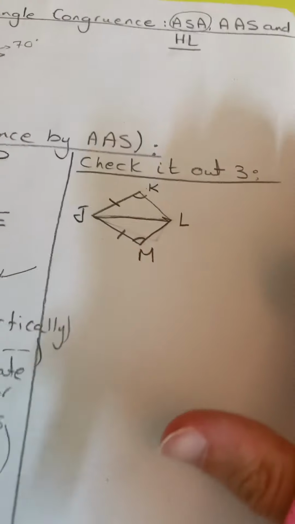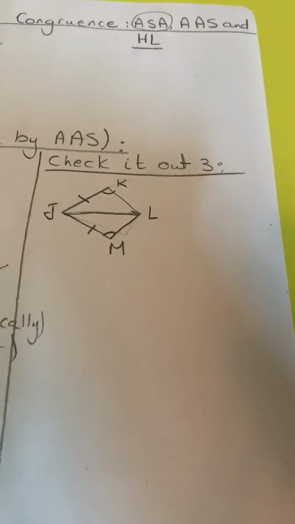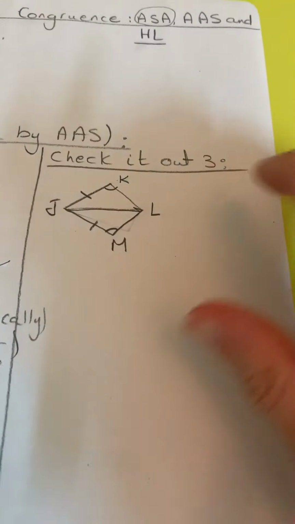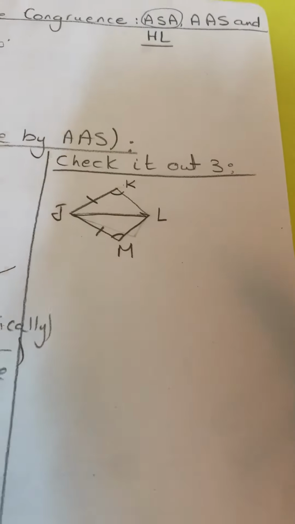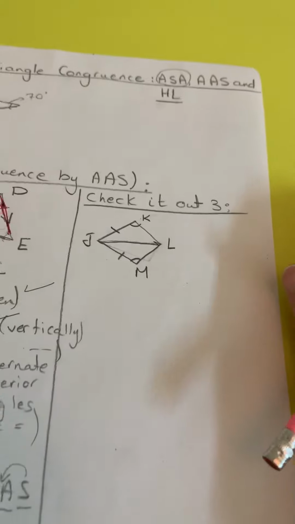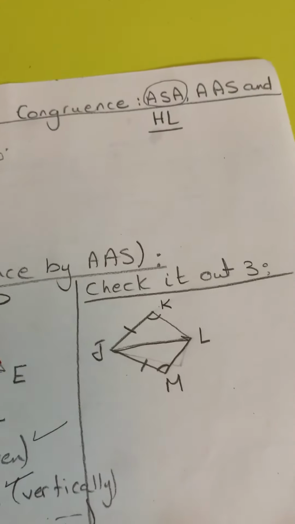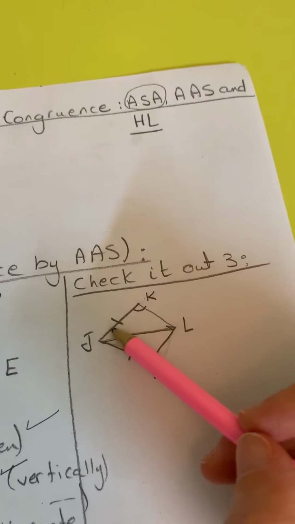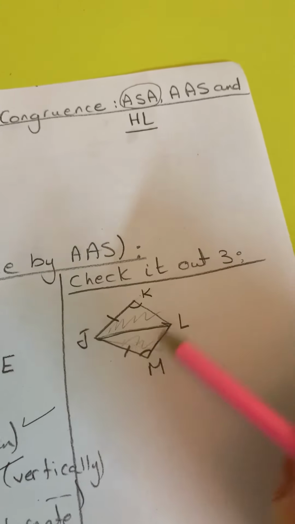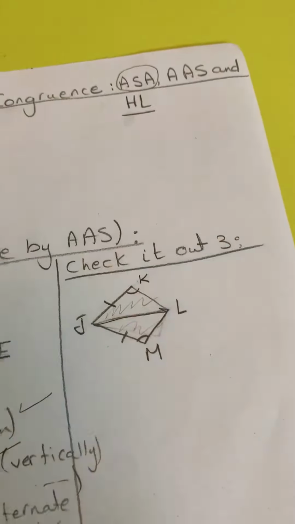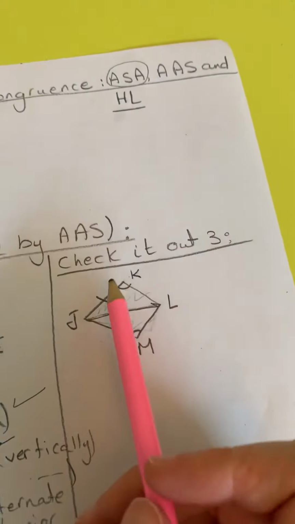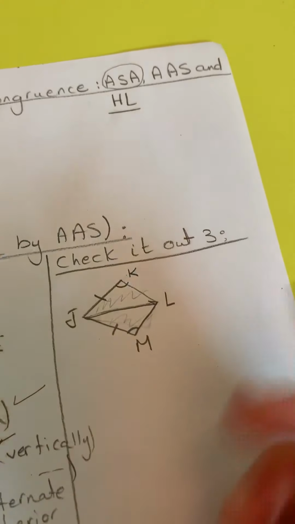Now we do check it out 3. Note that after we finish check it out 3, I'm going to ask you a kind of challenging question, so stay with me. In check it out 3, we also have to prove that the two triangles, the one here and the one here, are congruent. You can clearly see that this is equal to this.